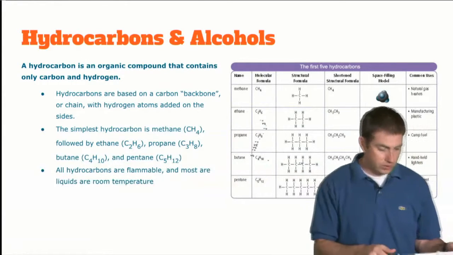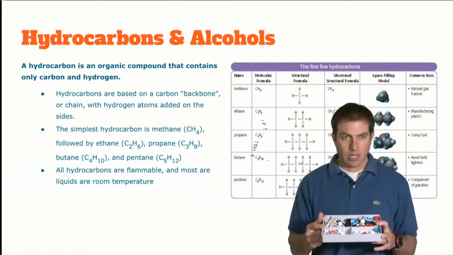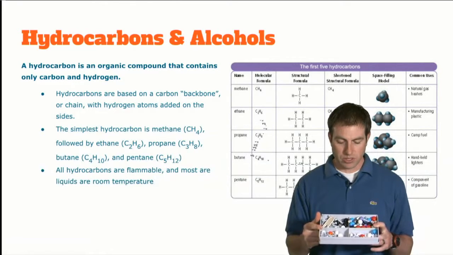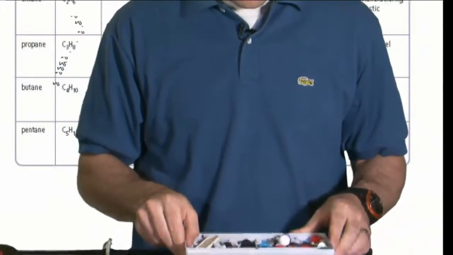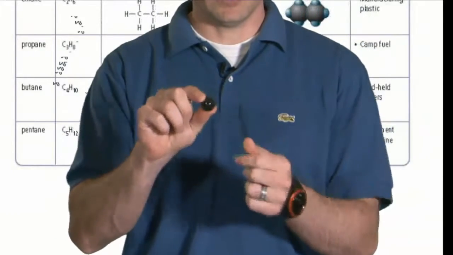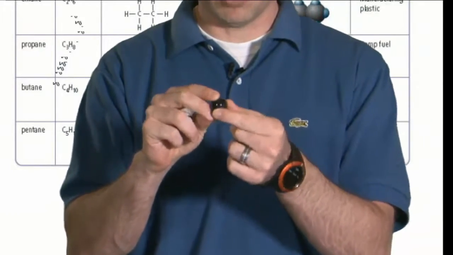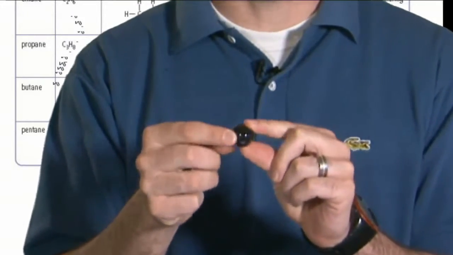So in university, there are courses on organic chemistry, and they have these little kits, and there's all sorts of different types of these kits, but they give you these molecules. If I take one of these little black guys out, this is kind of hard to see, but it's a carbon molecule, a pretend carbon, and it has 4 little branches that come off of it.